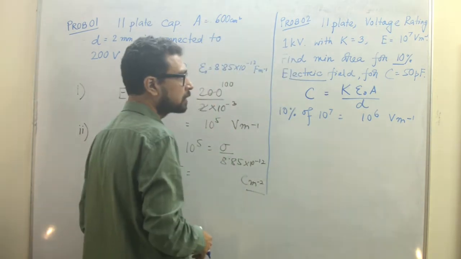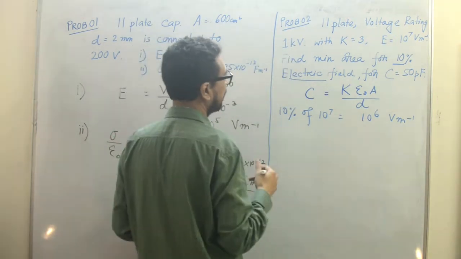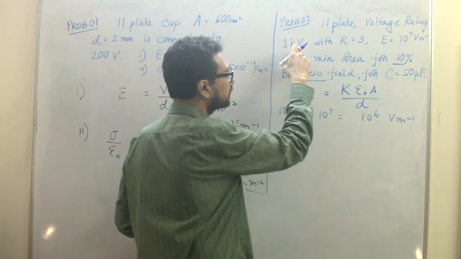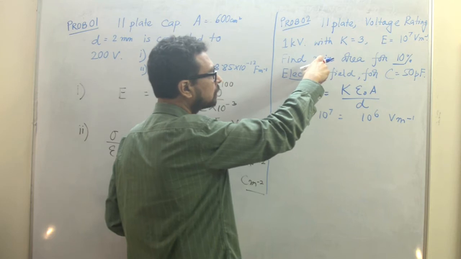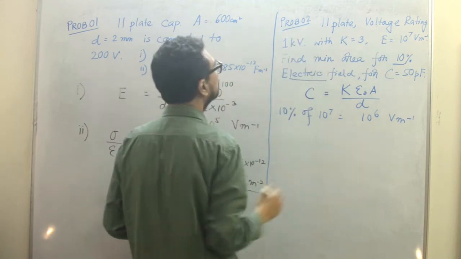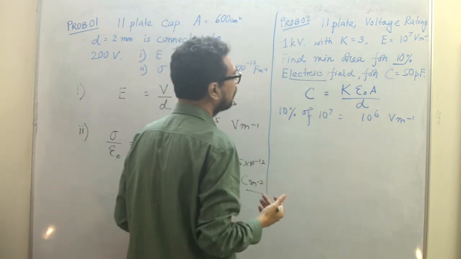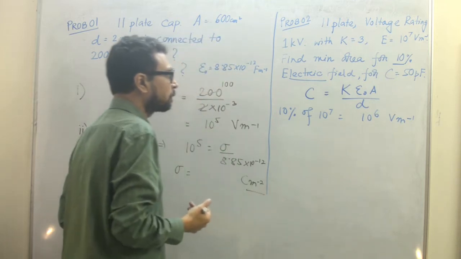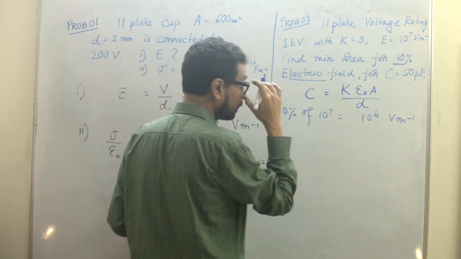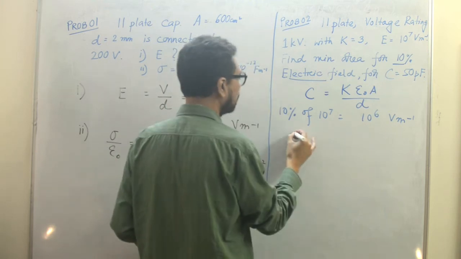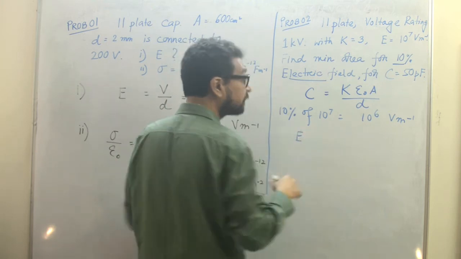So this is the permissible electric field that we have, and the maximum voltage rating is this. So we have to calculate the minimum area with the maximum potential. Okay, let us use a different methodology.